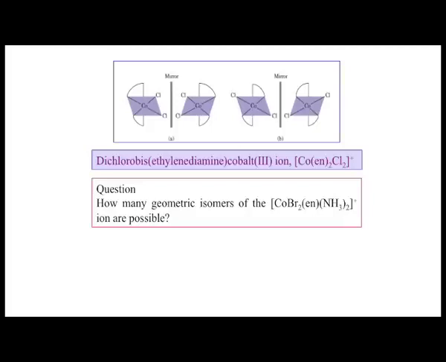Similarly, in the other one, the arrangement of these two chlorides is trans to each other because the Cl-Co-Cl bond angle is 180 degrees. Here the Cl-Co-Cl bond angle is 90 degrees. So, definitely this is the corresponding cis isomer and this is the corresponding trans isomer.